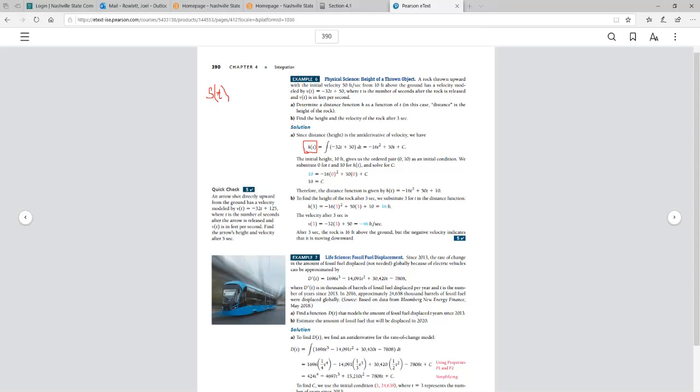But remember, if we take the derivative of the position function with respect to time, that gave us the velocity at time t.